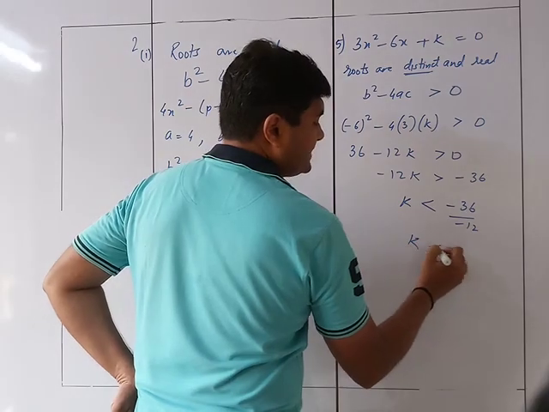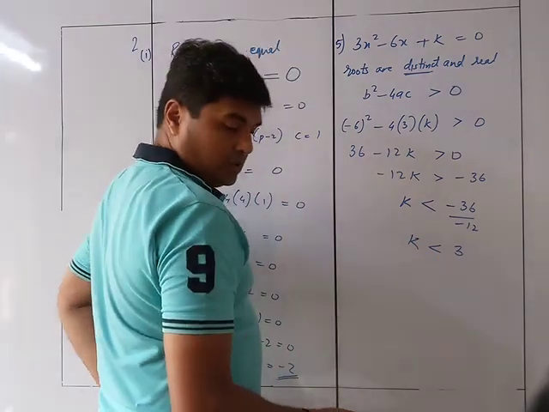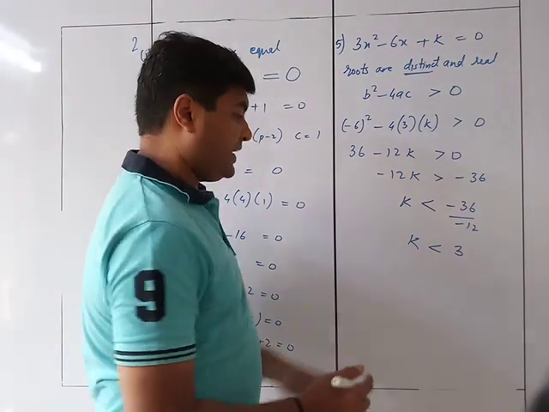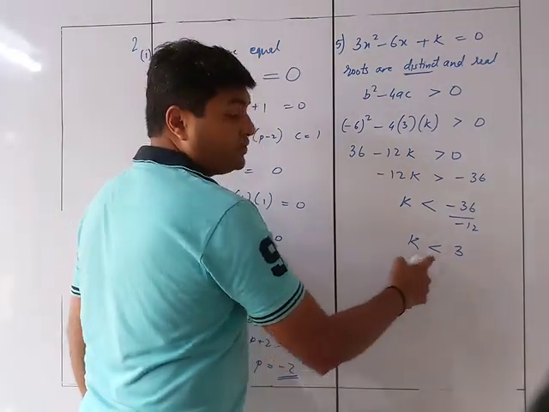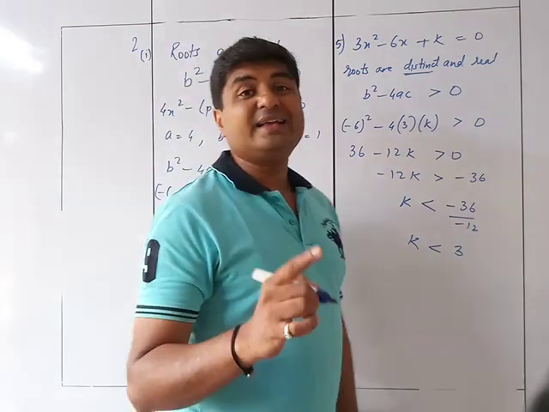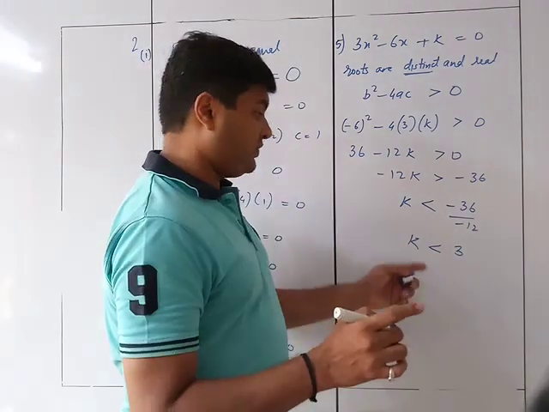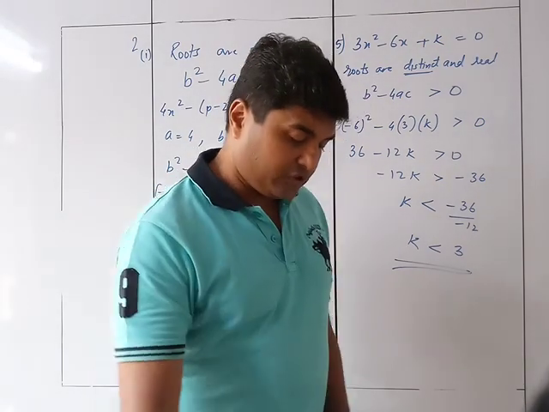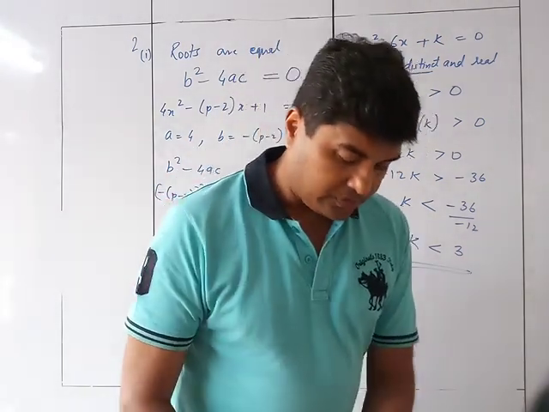So k is less than 3. So the values of k for which the equation has distinct real roots will be all the values of k which are less than 3. So the value of k is less than 3. That will be the answer for this particular part of the question.